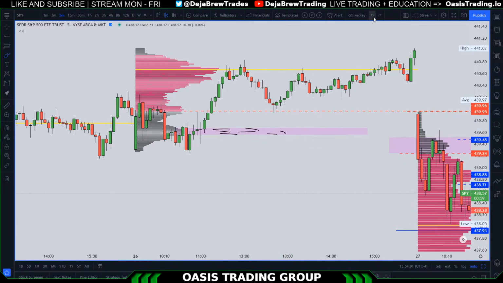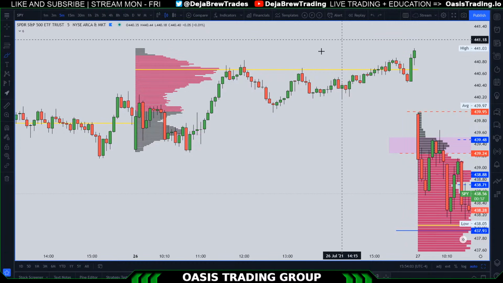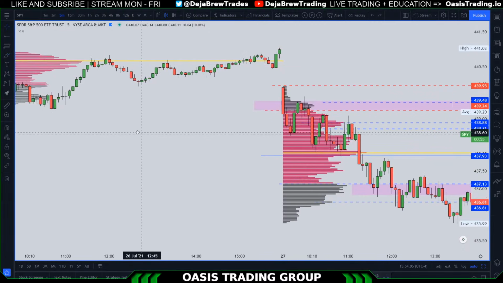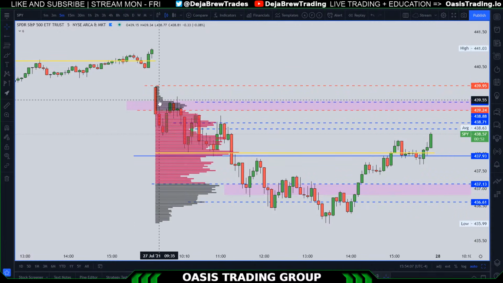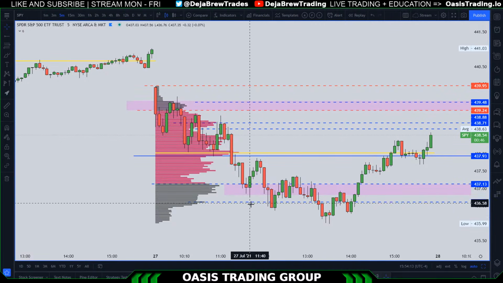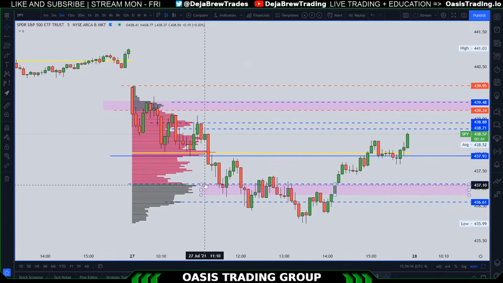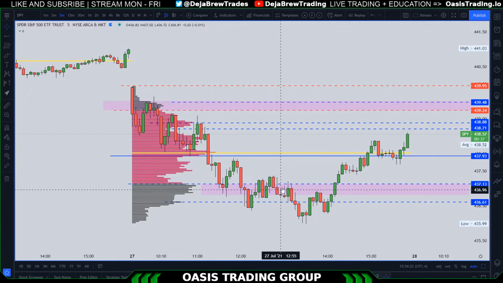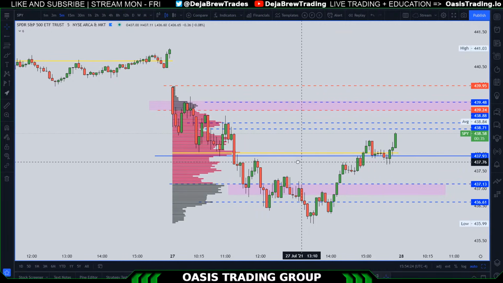The only time I wouldn't use limits in a node is if it's really close to the value lines. So this node here is too close to the value area high, so I wouldn't put limits there. You want to see how price reacts to it. It doesn't give you that comfort zone. There's not enough space to wait and see how price plays out.